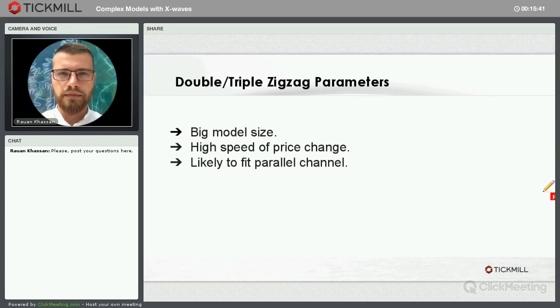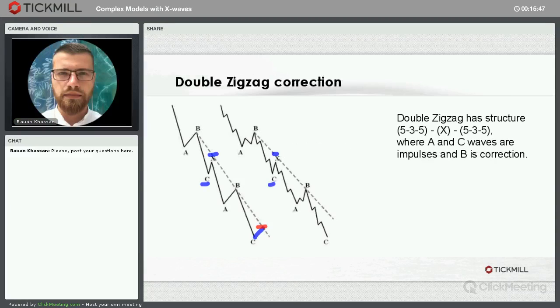If you look again at the zigzag structure, you are able to see that unlike flat models, the correction takes just little time and distance in pips or points in comparison to the main direction for the correction move itself.